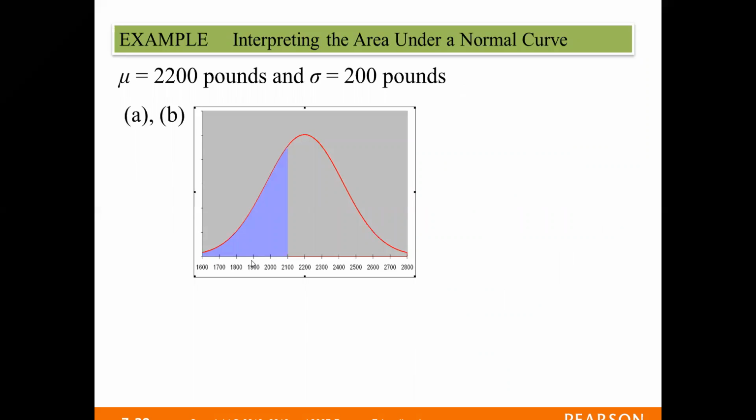Well, for drawing it, remember the mean is the middle of the picture. The standard deviation is my step size, so I'm going to go out by a couple hundred each time. And they went out by 100 here to help with the next problem that we're going to do.